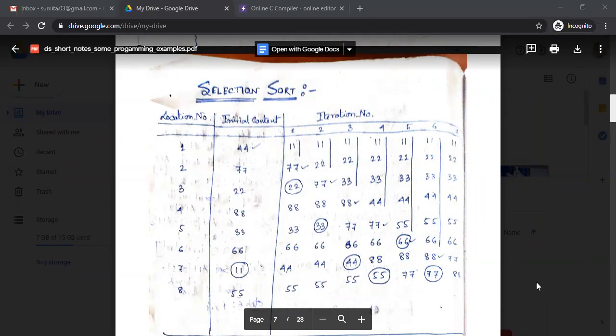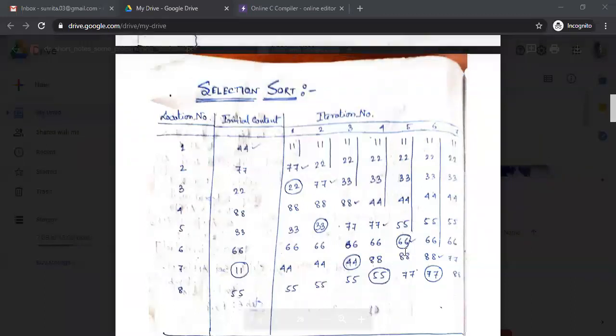So we have to remember that when we write our program. We have to write this condition also in our program, because the assuming element and the smallest element are at the same position. In that particular case, no comparison is done, no swapping is done.